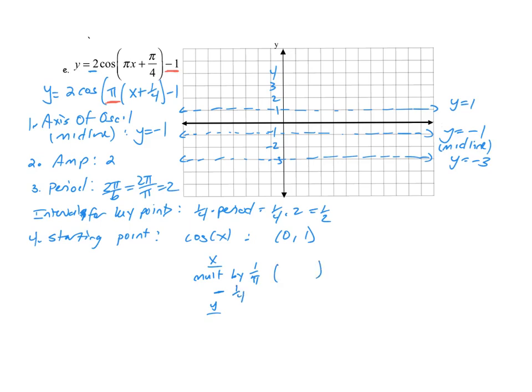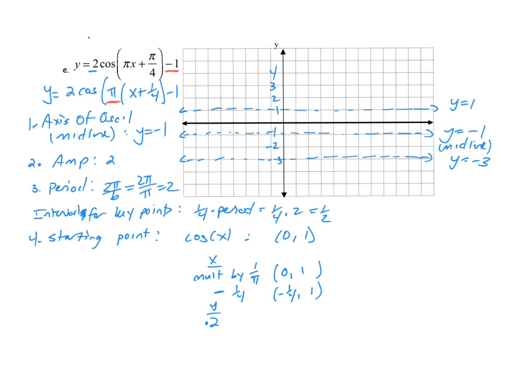So we can apply these transformations. So the x value starts at 0. 0 times 1 over pi is still 0. And then we subtract 1/4 from 0. We get -1/4. Now we're going to look at what's happening to y values. Because of the amplitude of 2, we have a vertical stretch by a factor of 2. So y values are multiplied by 2. And we also have a shift down 1 unit.